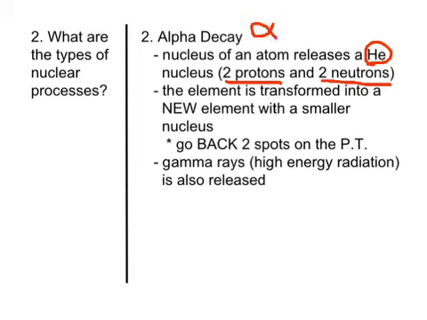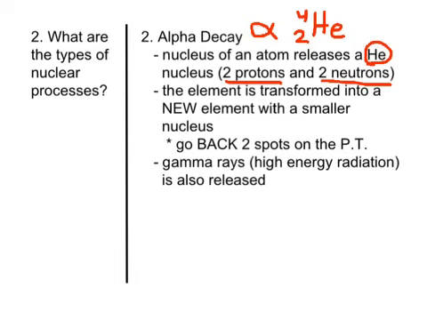And so an alpha particle, again, is a helium nucleus, so you'll either see it as the alpha symbol, or you'll see it as an He with a 4 and 2, to represent those 2 protons and 2 neutrons.